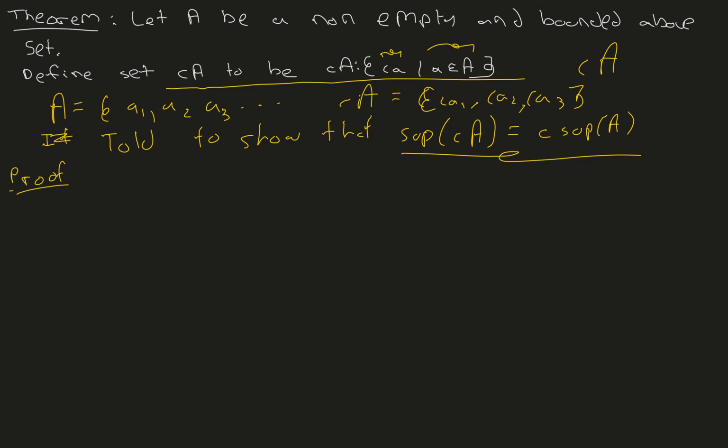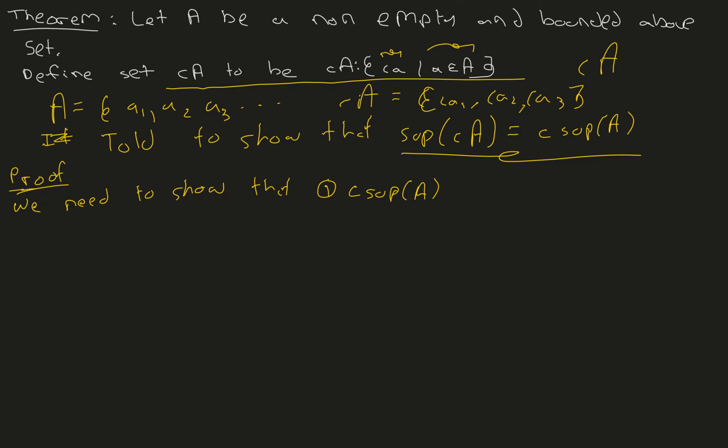So, since we need to show that the supremum of CA is C times the supremum of A, we need to show two things, because the definition of supremum is that it's the least upper bound. Remember that supremum can also be written as sup, and infimum can be written as inf.